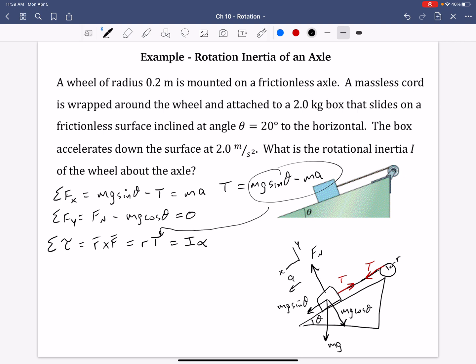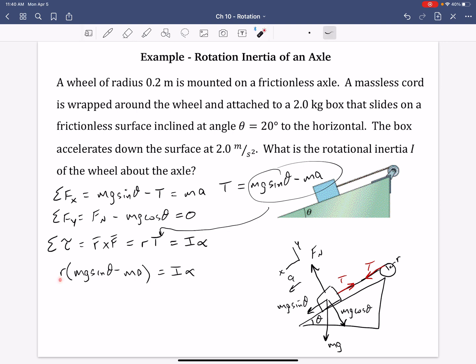Let's see what we get here. Equals I alpha. All right. And so we're solving for I. So we're basically one step away from doing that. Let's see, do we need to solve for anything else or rearrange in any way?